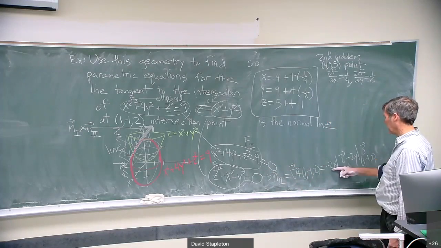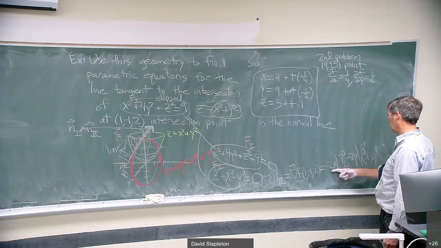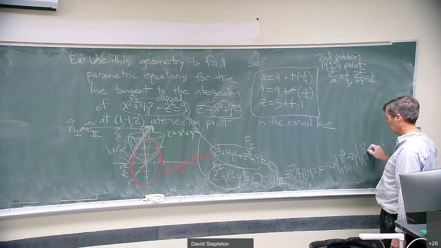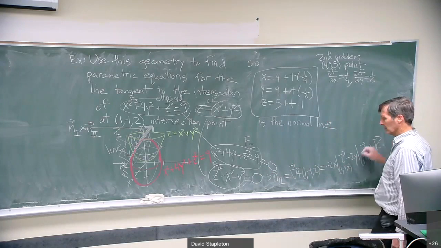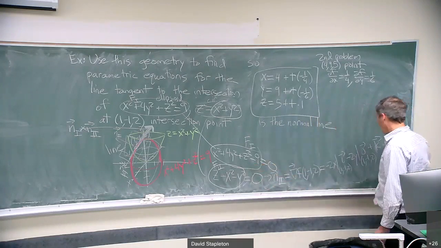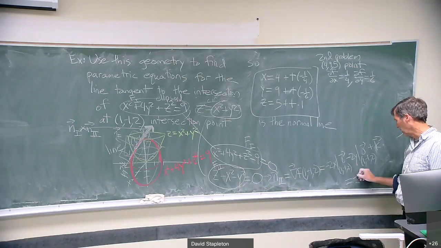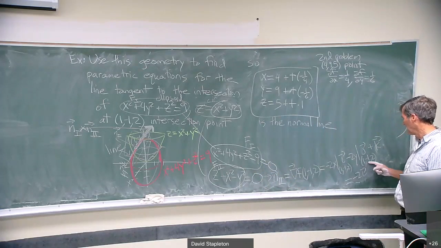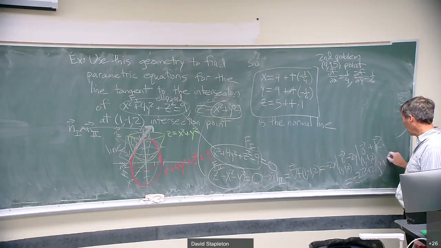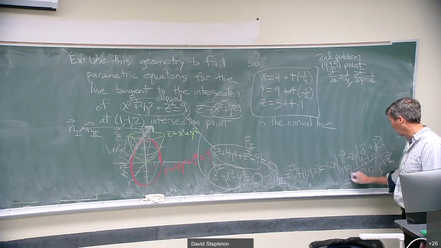So it's df/dx i plus df/dy j, and then plus 1k, since the partial with respect to z is 1. And so I get minus 2i plus 2j plus k.